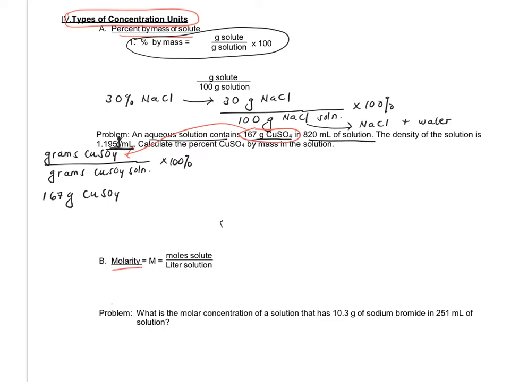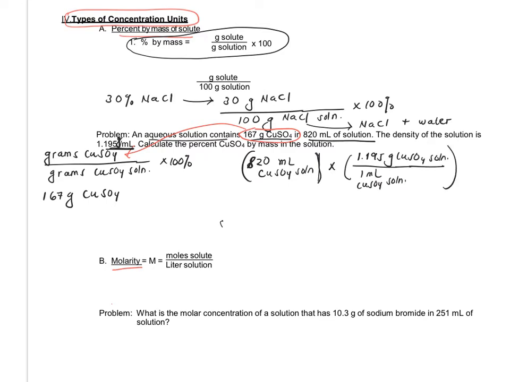So if we have 820 mLs of our copper sulfate solution, and we're given the density of the solution, we can say that for every 1 mL of copper sulfate solution, we have 1.195 grams of copper sulfate. So the grams ends up being 980.